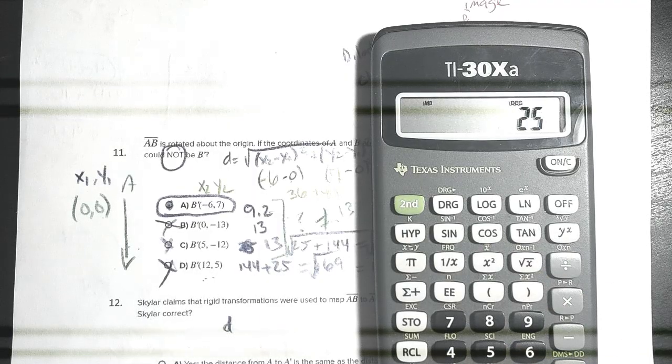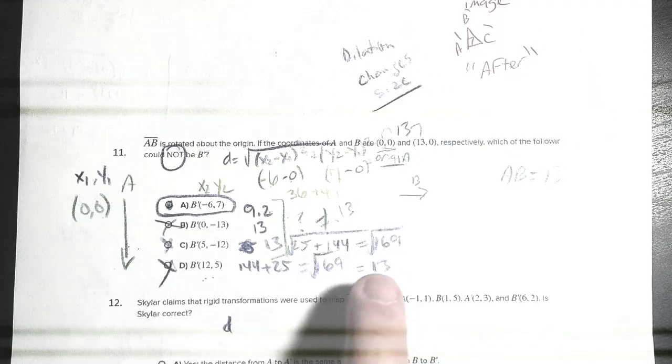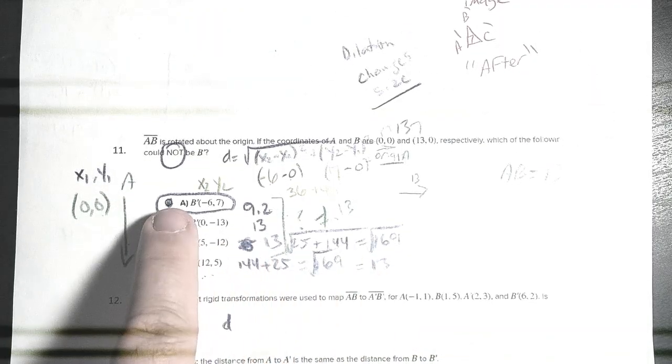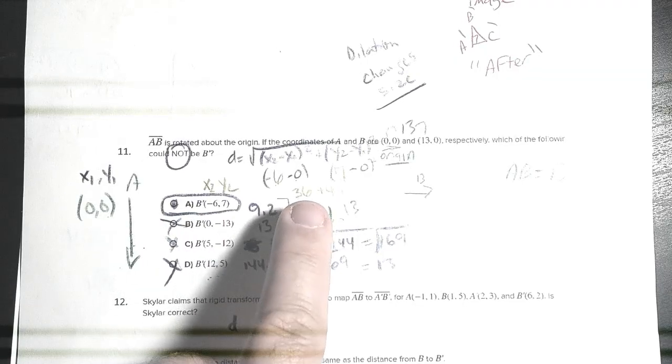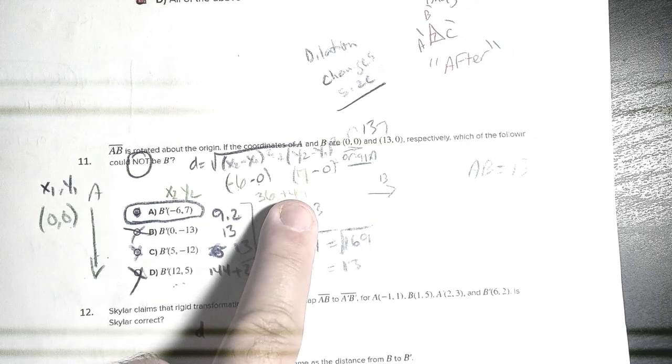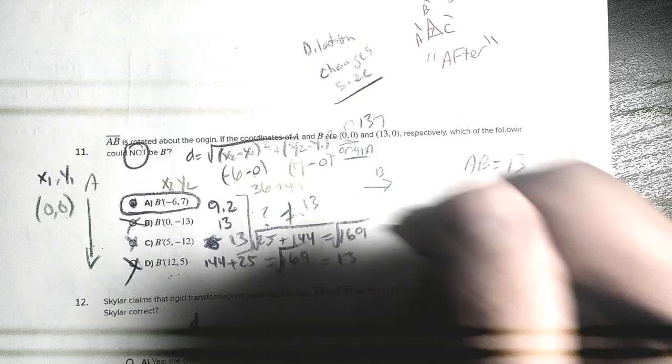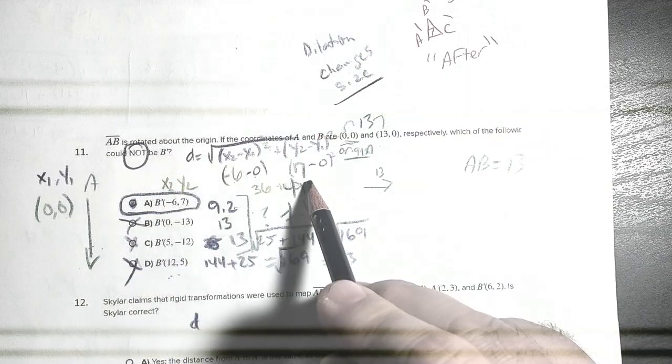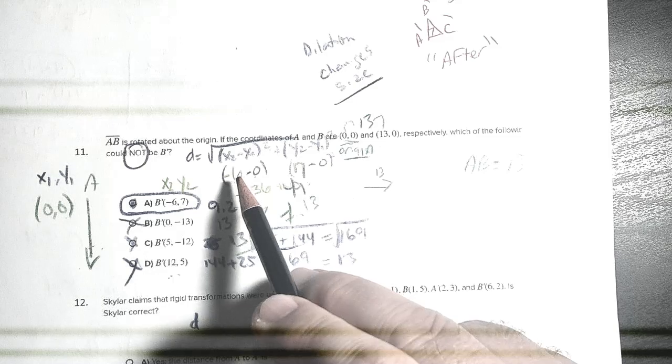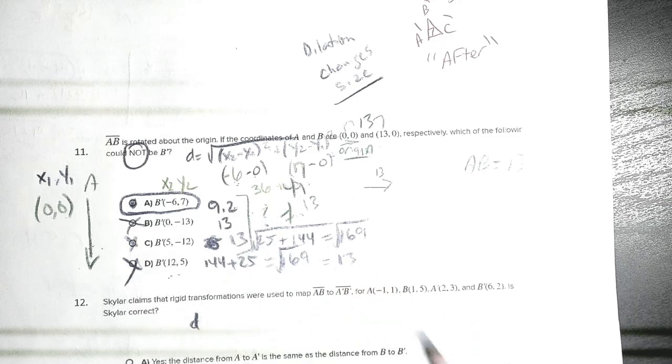Plus the 25 from the 5, 169, take the square root, it's 13. So all three of these equaled 13, but this one equaled 9.2 because it was 36 plus 49, because it was 7 squared, which is 49, and 6 squared, which is 36.